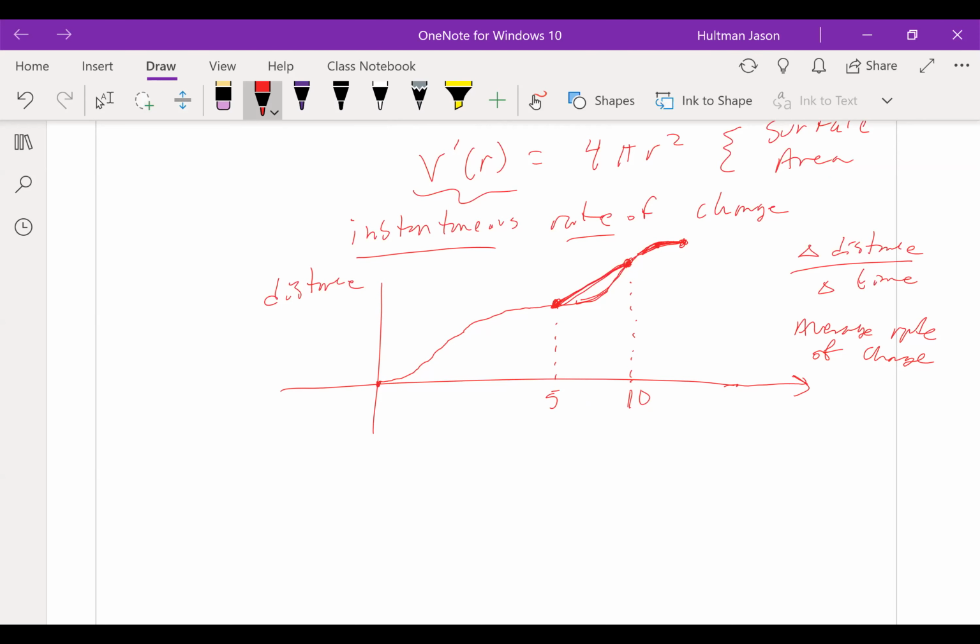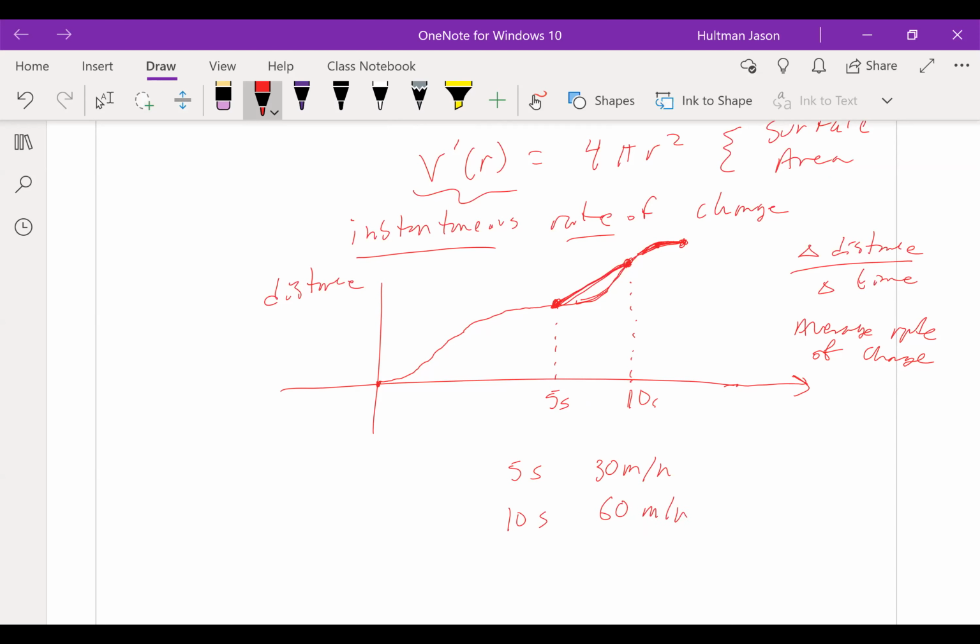After 5 seconds, I'm traveling 30 miles per hour. After 10 seconds, I'm traveling 60 miles per hour.